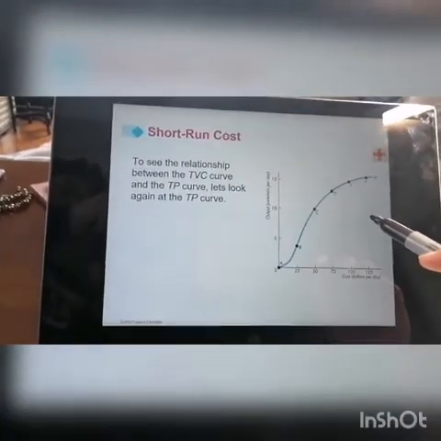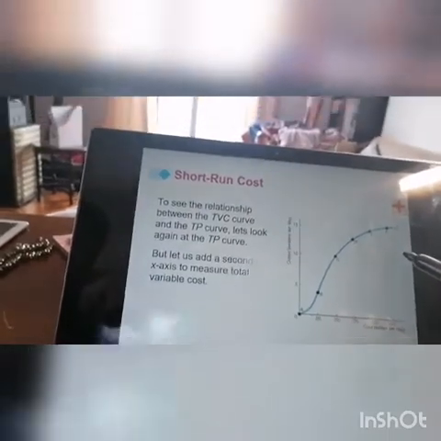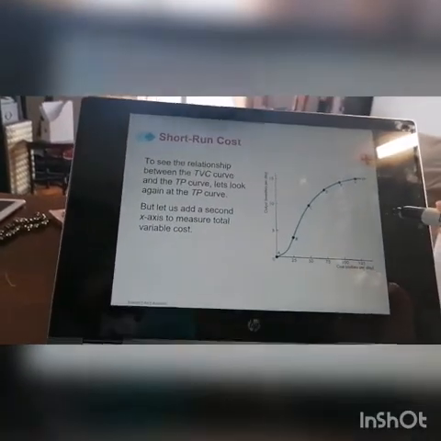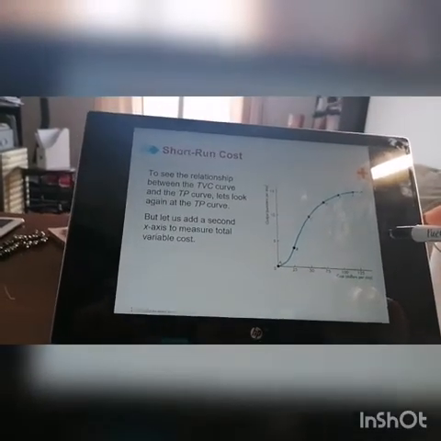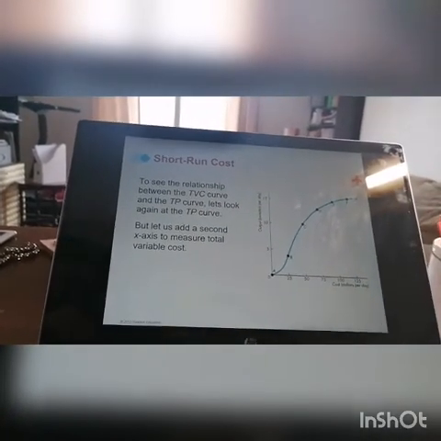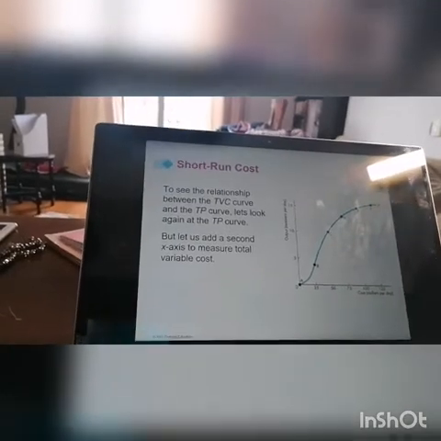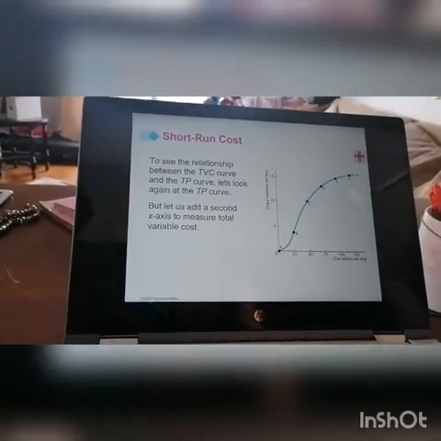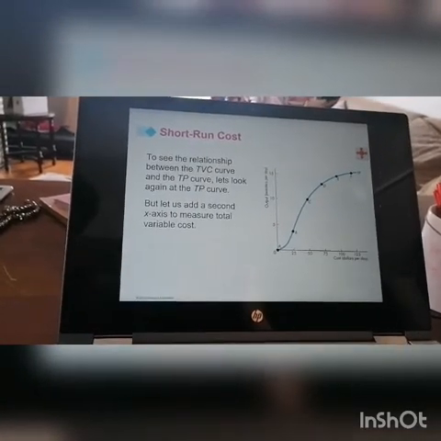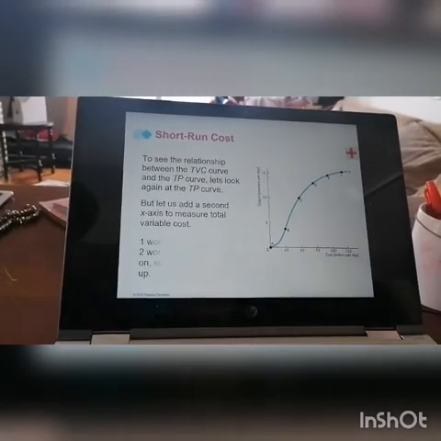If we take a look at the relationship between the total variable cost curve and the total product curve, let's look at the total product curve.